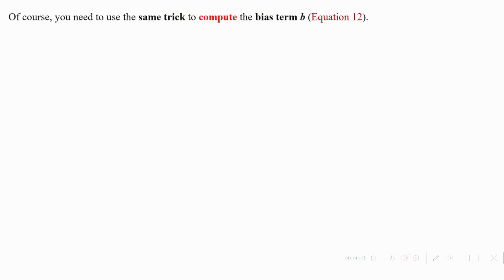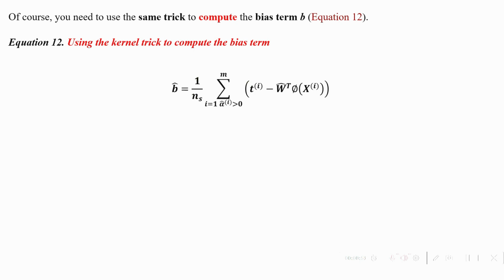Of course, we can use the same trick to compute the bias term b cap, equal to 1 over n_s, the sum over i equal to 1 to m, where alpha cap of i is greater than 0, of t^(i) minus W cap transpose phi of x^(i).